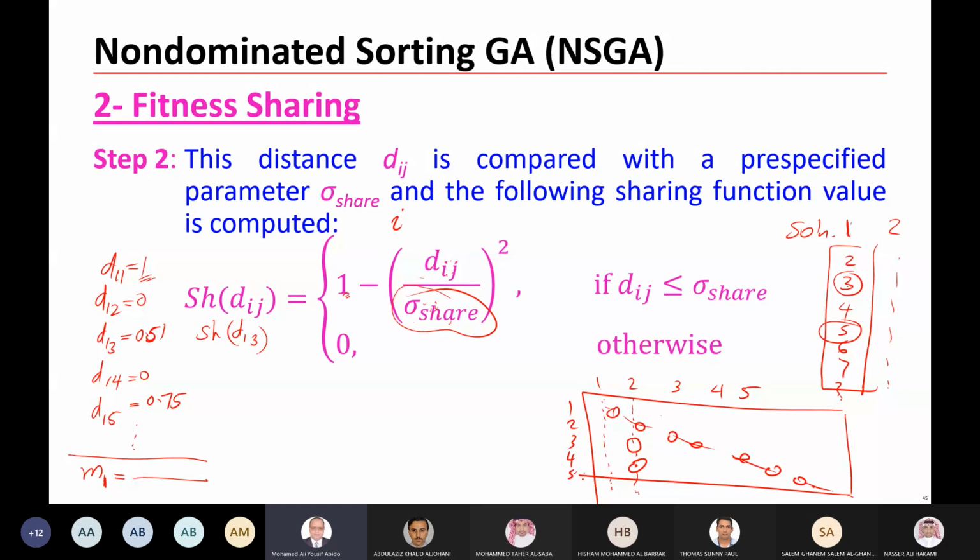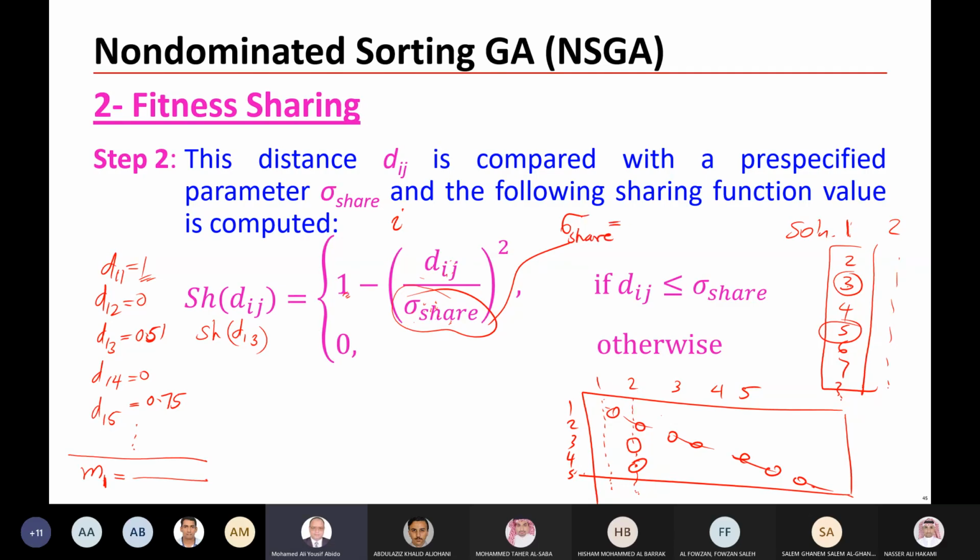Dr. Yes. Maybe just a quick question: sigma share, is it one value here? Yes. Predefined? Yes, a predefined value. And what range is it from?